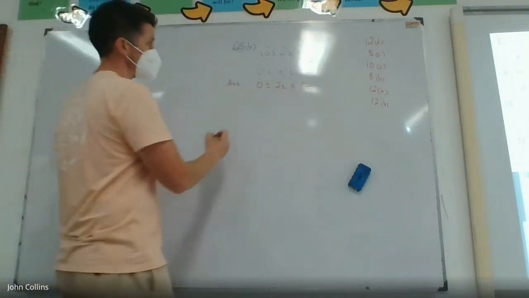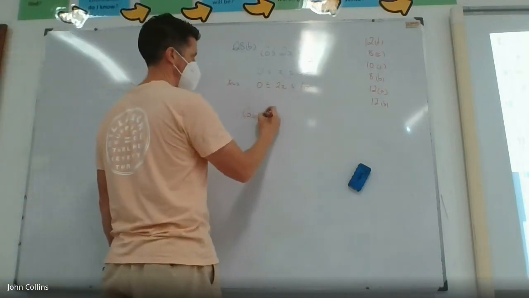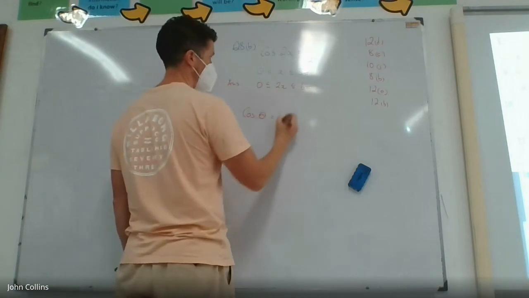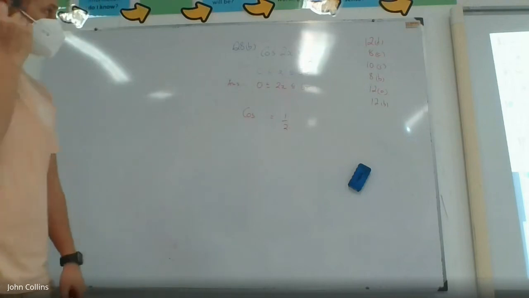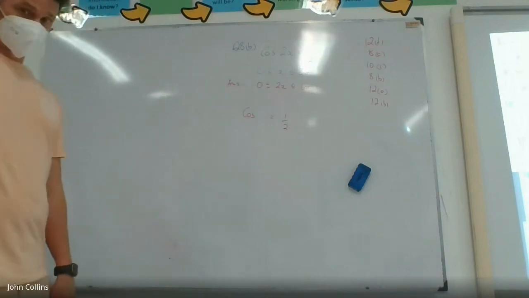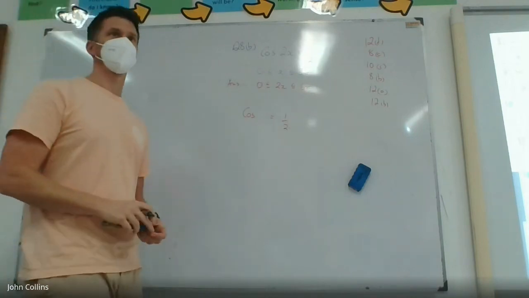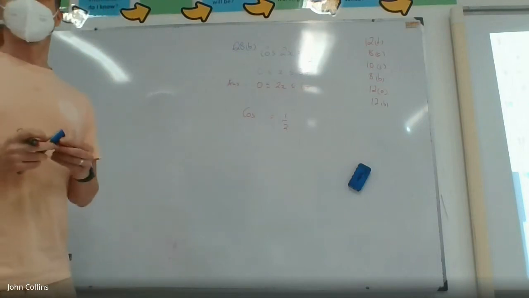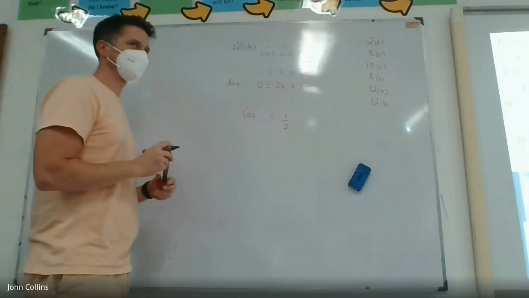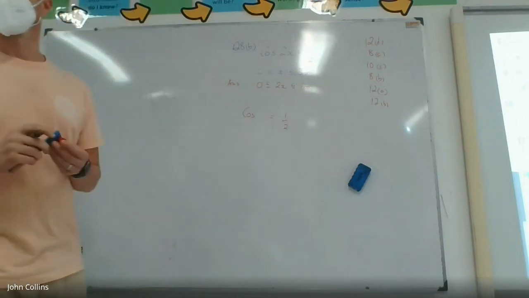And then in general, cosine theta is 1/2, but we know in general what our reference angle would be, don't we? Really well, don't we? Cosine what is 1/2? Not going to ask 2 people.